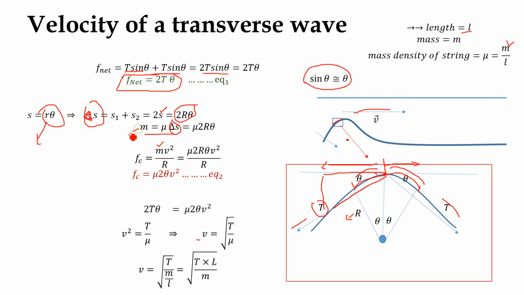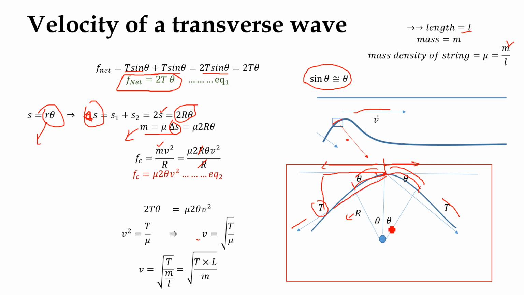Now that we know the value of mass m, we are going to substitute it in the centripetal force equation, which is Fc is equal to mv square divided by R. Substituting the value for mass, we get mu 2R theta v square divided by R, and this capital R will cancel out with this R, since both are the same radius, denoted by capital R. So we will have the centripetal force is equal to mu 2 theta v square.